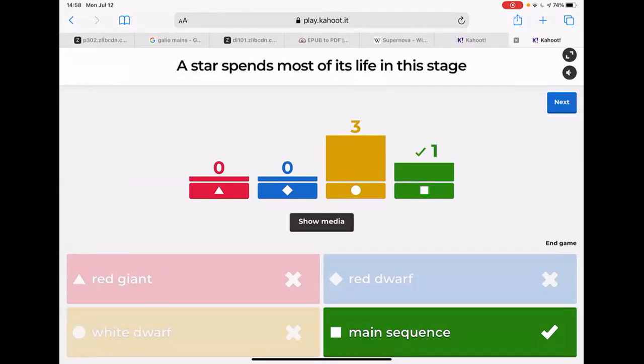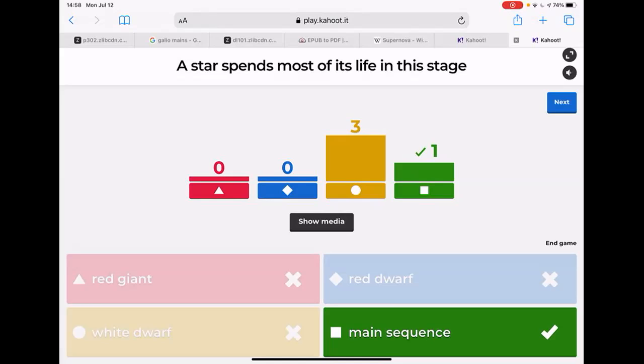So this is also something because we didn't have enough time to go over white dwarfs today. But basically, from what we know, from a protostar to main sequence to a red giant, main sequence is most of its life. But a white dwarf just sits there and cools down for the rest of its life, until it dies.